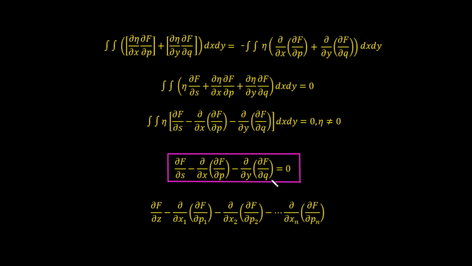So finally we can say that our equivalent Euler-Lagrange equation for a functional with two independent variables can be written in the form of partial f by partial s minus partial by partial x over partial f by partial p minus partial by partial y over partial f by partial q, and that's all equal to 0.